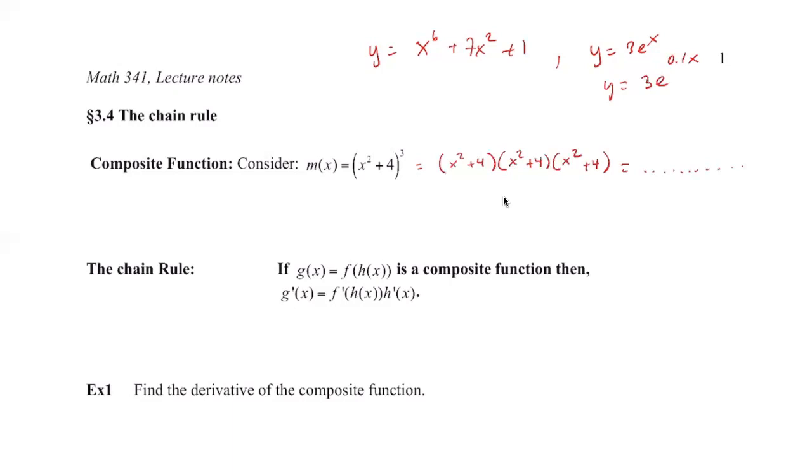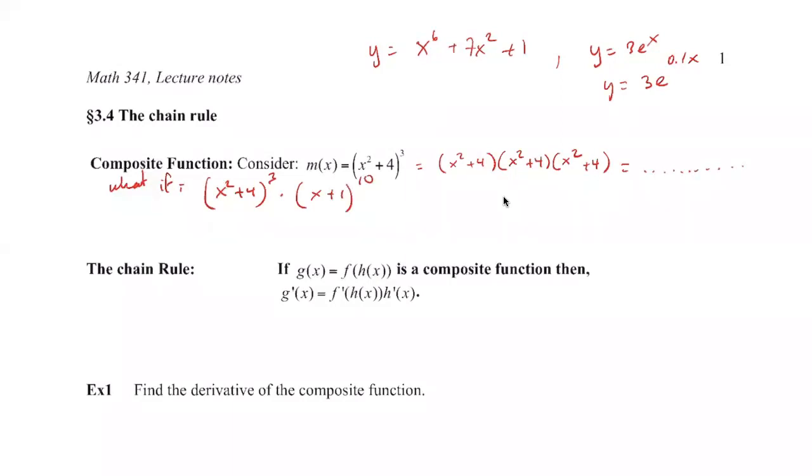But what if our function is not just raised to the third power? What if we have x to the 4 plus x squared plus 4 raised to the third, and then you have another one over here as x plus 1 raised to the 10th power, something like that.